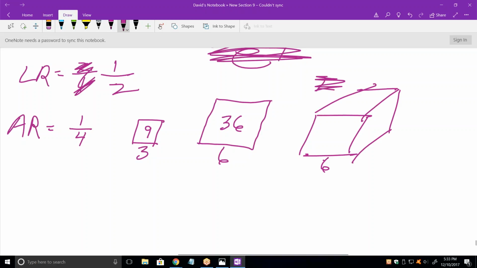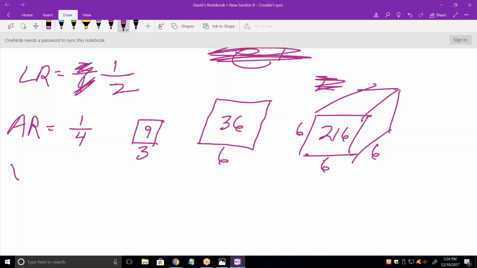So the linear ratio between this square and this box is still 1 to 2, but the area ratio is 1 to 4. And what's the volume of this box? Um, 6, right? Or 3. No, 6. It's 6 times 6 times 6, which is 216.